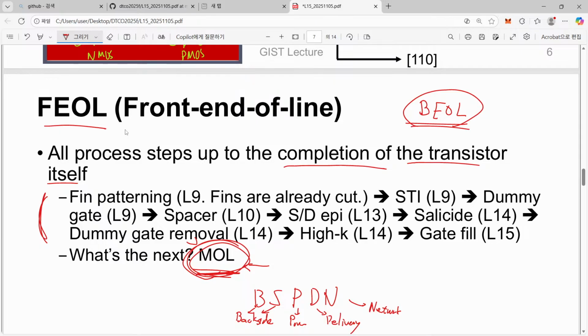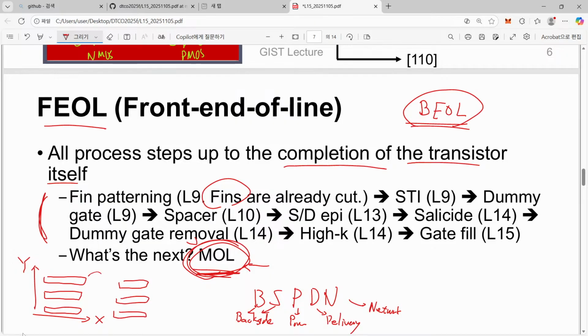So let me just summarize its major steps. First, we have to prepare uniform fin patterning. After that, in this case, the fins are already cut. Cut means that if we have X and Y direction in our layers, then when we draw fins, they are usually drawn in this way, and also they are drawn in that way.